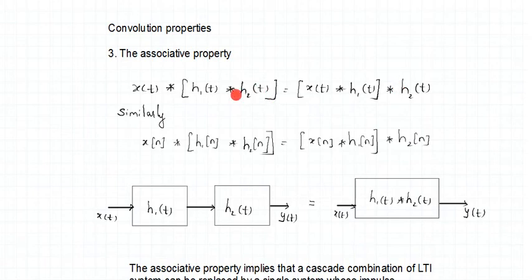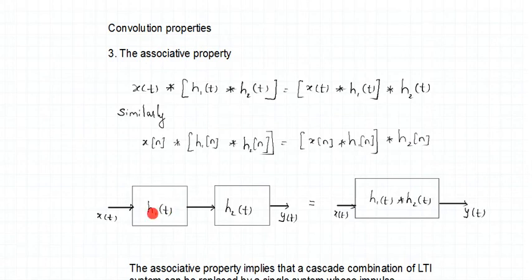Here the order was you first convolve these two systems and then convolve with x(t), whereas the similar thing can be done in another way: perform convolution of x(t) and h1(t) first, get the result, and then convolve it with h2(t). This is the concept of associative property.